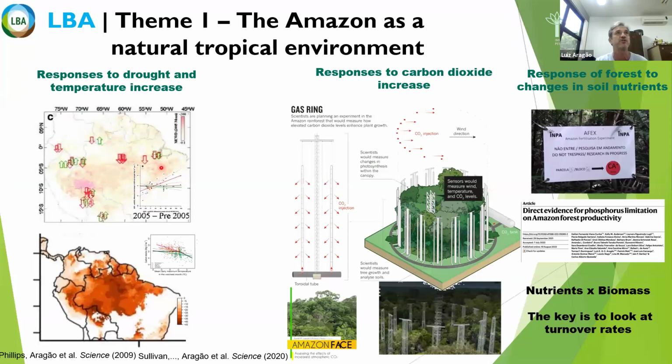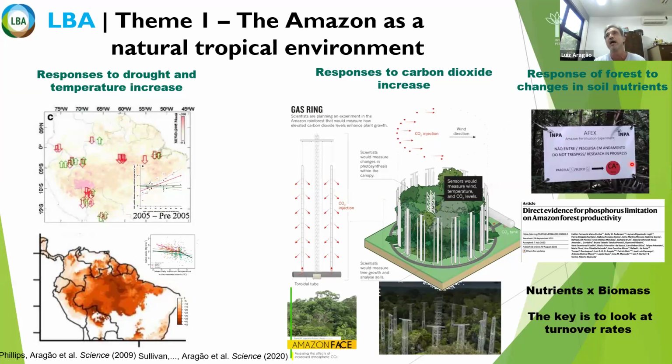We know about response of the productivity and mortality to drought, to temperature. We have a new infrastructure led by Davi Lapola and the collaborators. It's the Amazon FACE, so it's a CO2 enrichment experiment near Manaus.